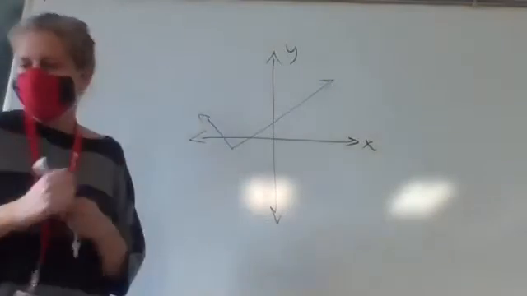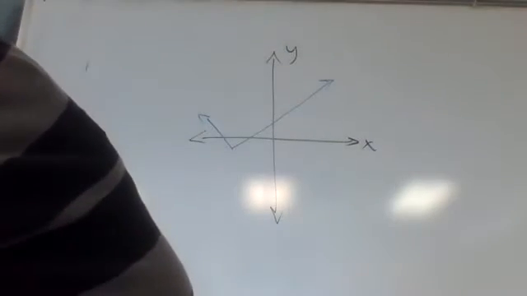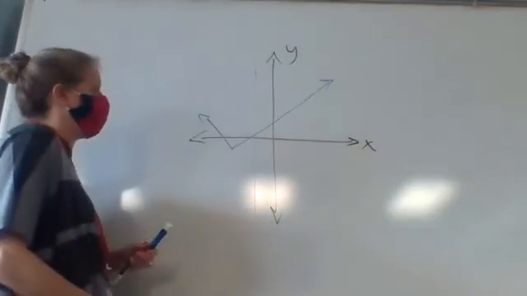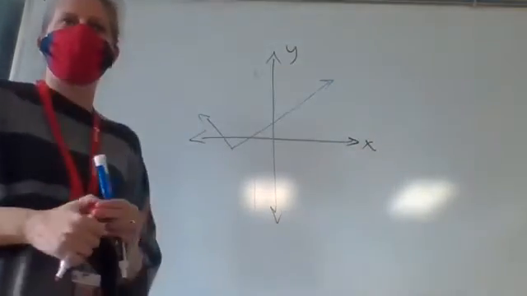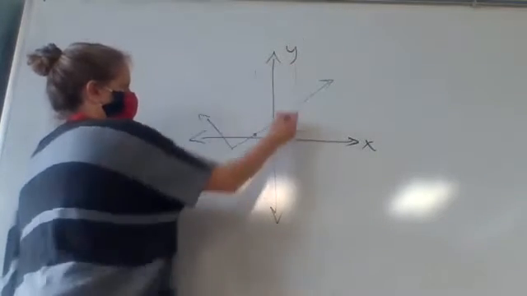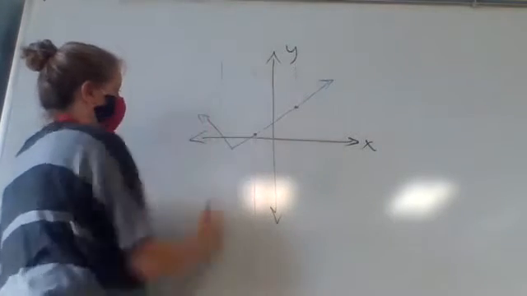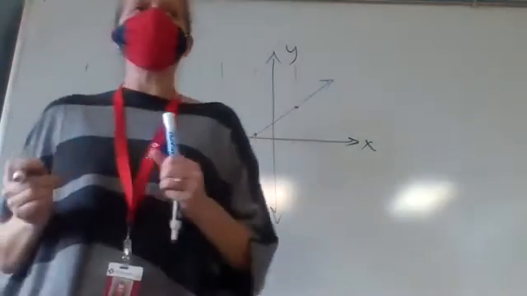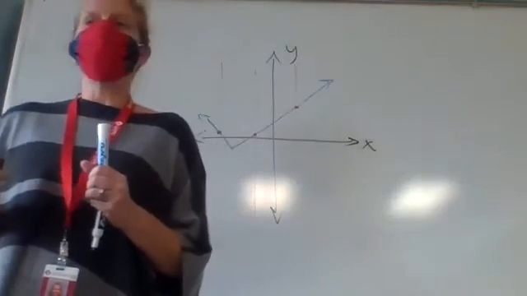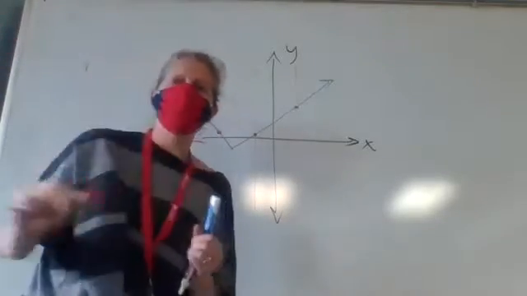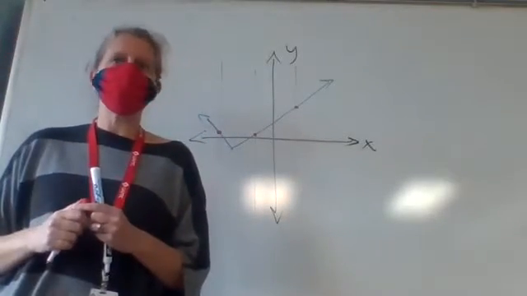Anywhere I draw a vertical line. See, if I draw a vertical line right here, how many times did that touch that blue shape? Just once. How many times did that one touch it? Just once. How many times did that one touch it? Just once. Is there anywhere on here where I could draw a vertical line and have it touch that blue shape more than once?